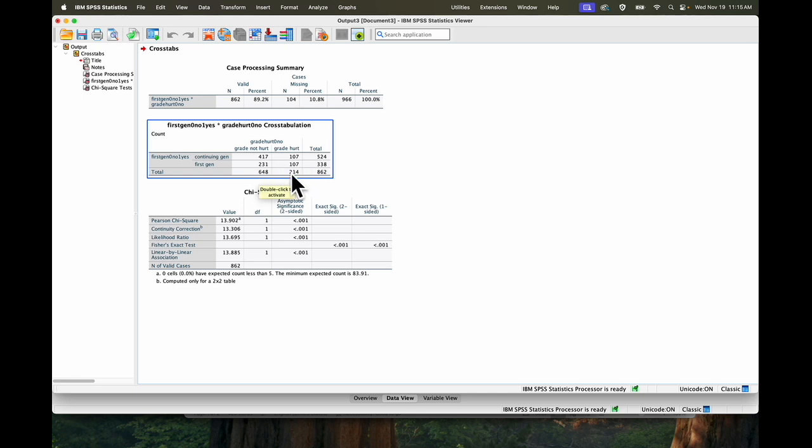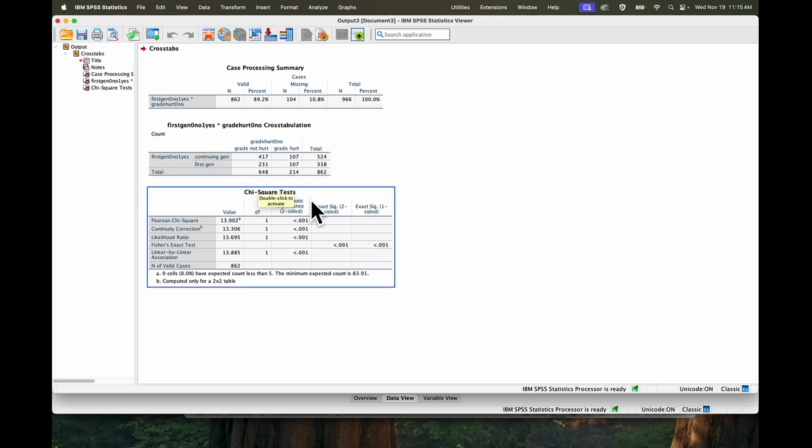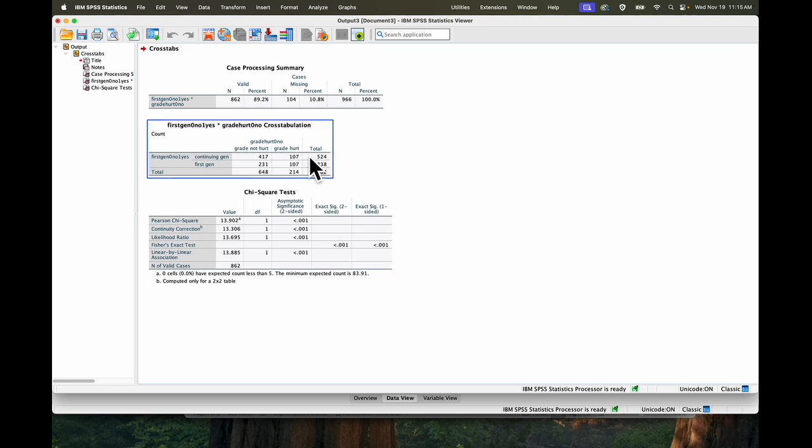And then here, the students whose grade was hurt. Now, within these students, we can tell just by looking that the number of students whose grade was hurt is the same for continuing generation and first generation. However, there are considerably more continuing generation students than first generation students.